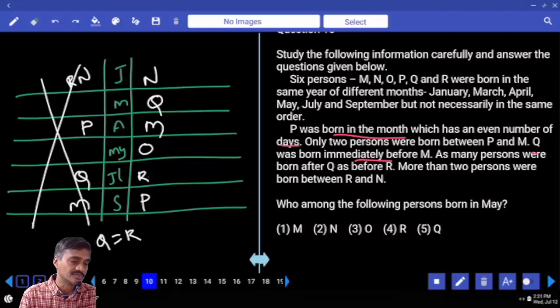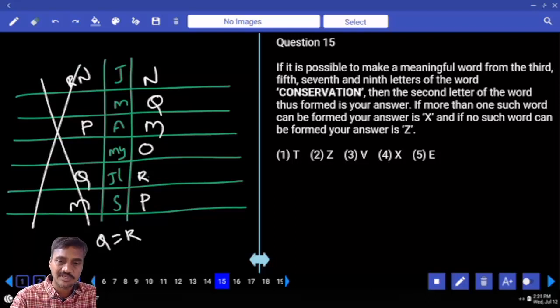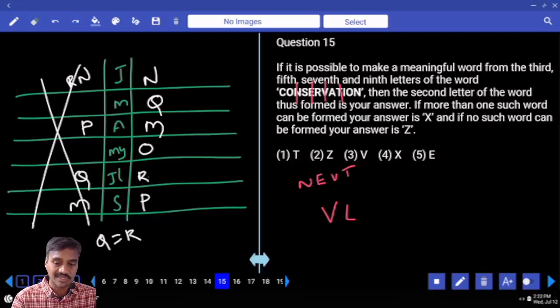Now this is about question numbers 10 to 14. Then next one, the 15th one. Now if it is possible to make a meaningful word from 3, 5, 7, and 9. What are the letters we have? N-E-V-T. Any word that can be found with the help of these 4? Vent, V-E-N-T.